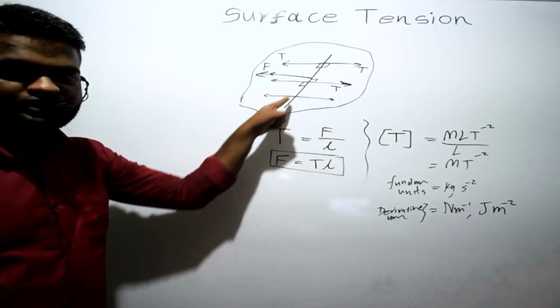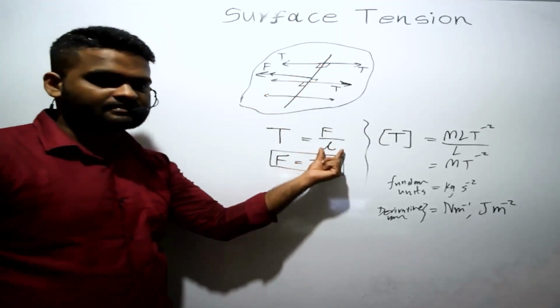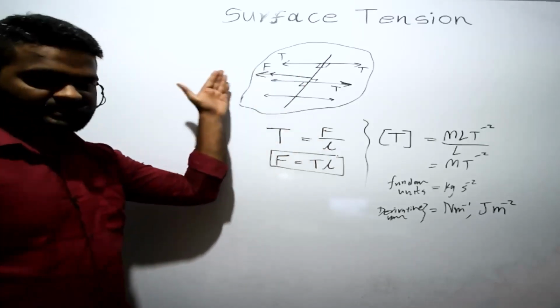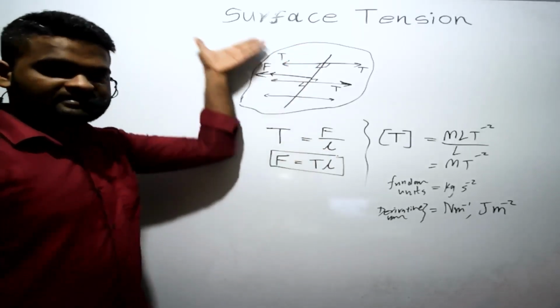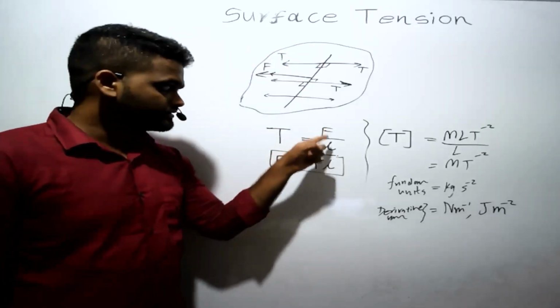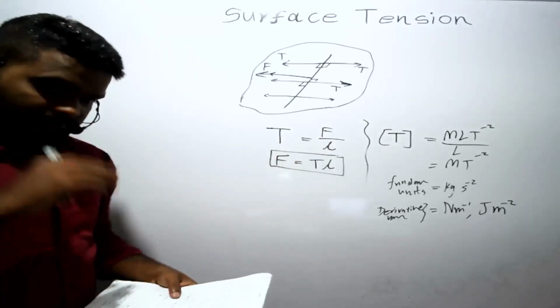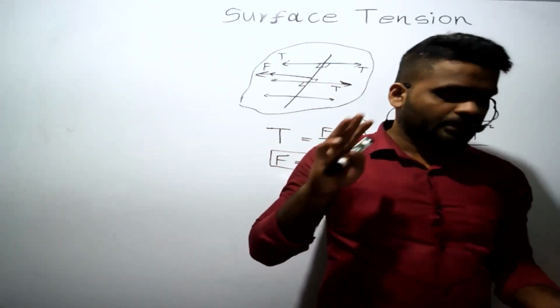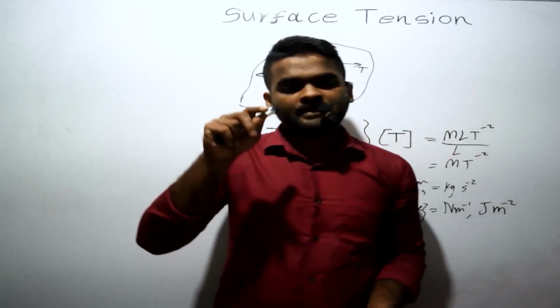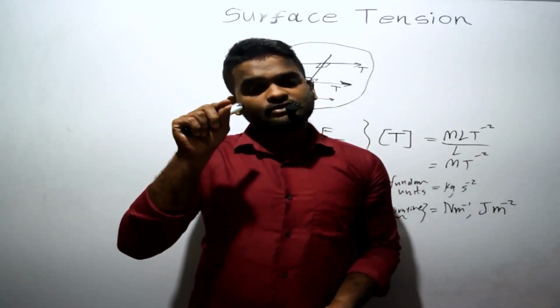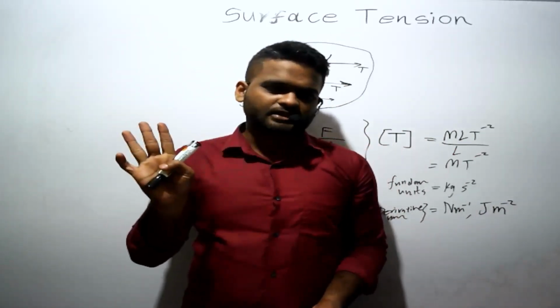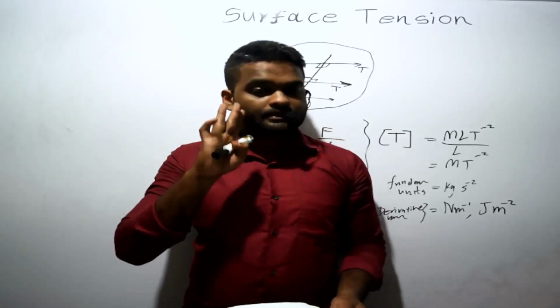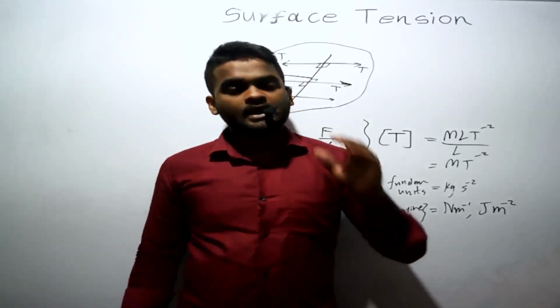There are conditions. This is not just a length: one side, perpendicular, over the surface. Another thing you have to understand about this surface tension coefficient, I'll call it surface tension.